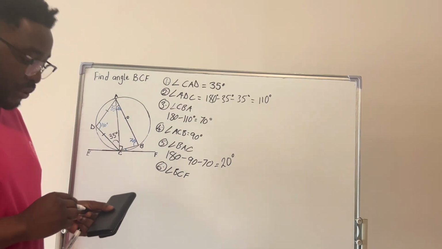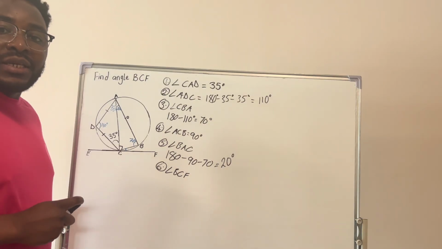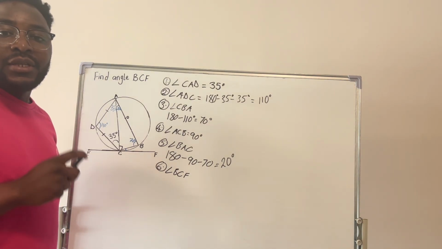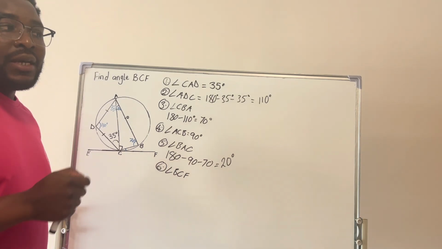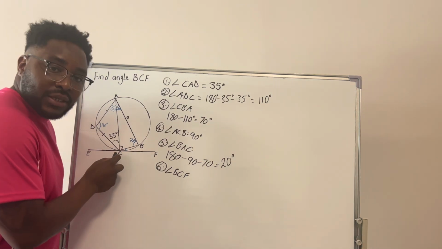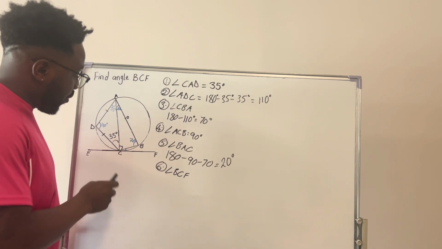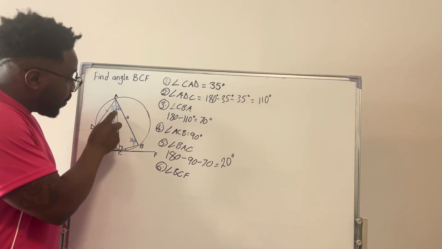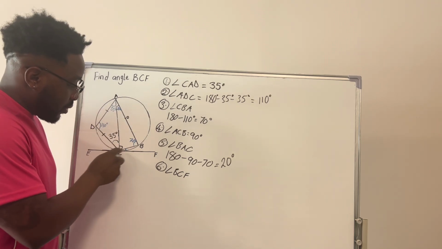We're going to use a simple theorem called the alternate segment theorem. And what does it state? It states that the angle between a tangent and a chord drawn from a point of contact is equal to the opposite angle subtended by the same chord.